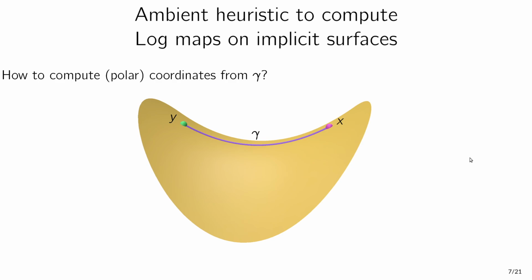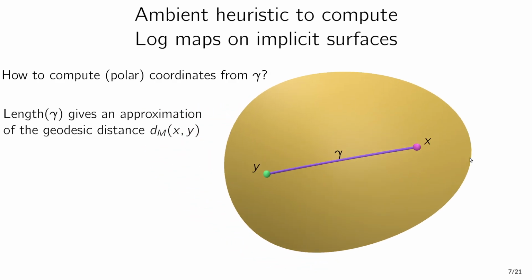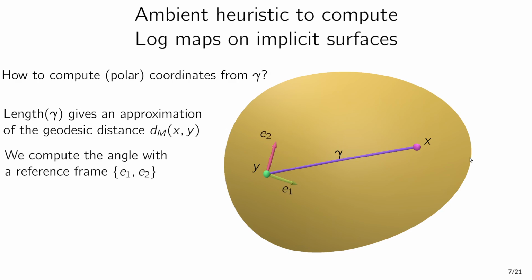But anyway, this gives us a process to compute a curve gamma between our 2 points X and Y, and we are going to see how we can compute coordinates from those. So first, the length of the curve gives us an approximation of the geodesic distance between our 2 points. Then, if you fix a reference frame to the point Y, you can compute the angle between the curve and the frame.